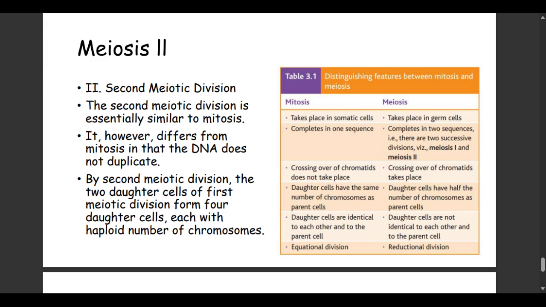So the reason why the DNA does not duplicate is so that when you separate those strands, each strand is going to end up in one cell. Okay, so when you have strands that are like this, at the end of meiosis 2, you want these strands to be separated, each of them going into separate cells.